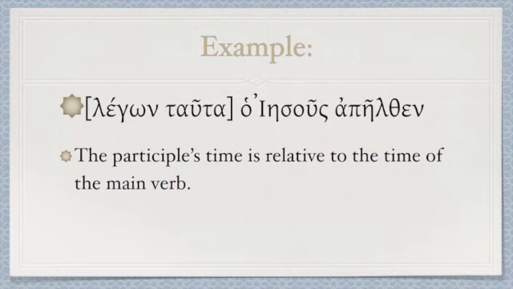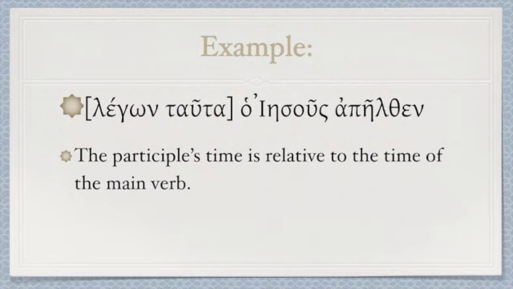The time of the action of the participle is relative to the main verb. And so our present tense participles are going to portray this continuous action, this ongoing action. And so our present tense participle legon here is going to describe this present tense action.